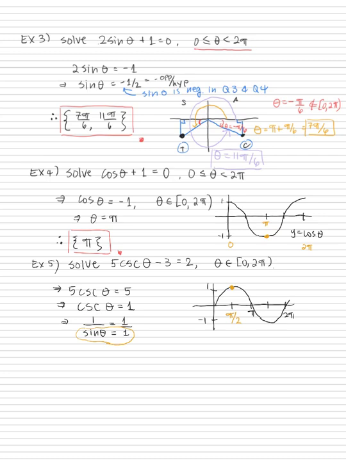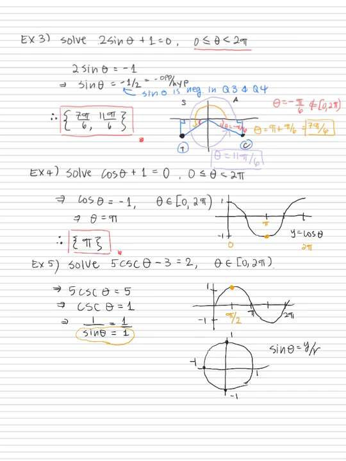Or if you like to use the unit circle, pretend that's a unit circle. So that's 1, 1, negative 1, and negative 1. Okay, so remember sine of theta is what? y over r.